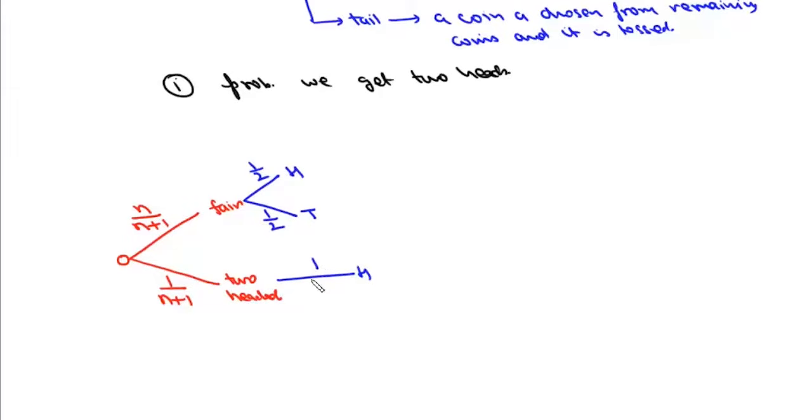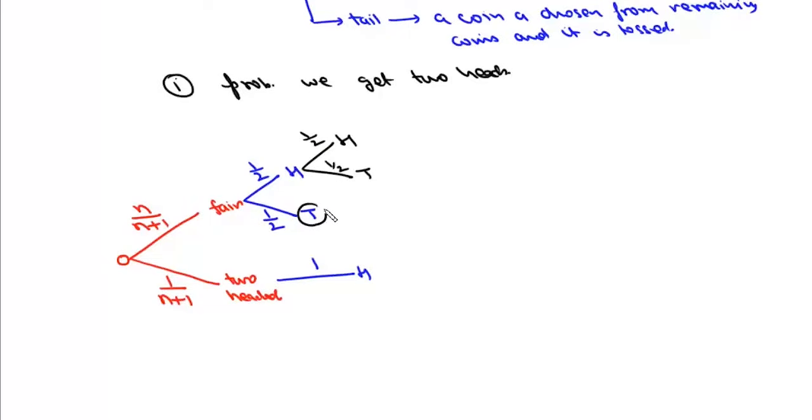Now the question says, if it is head, then the same coin is tossed again. So if it is head, we'll throw this fair coin again, which can again result in head or tail. Again the probability of head is 1 by 2 and of tail is 1 by 2.